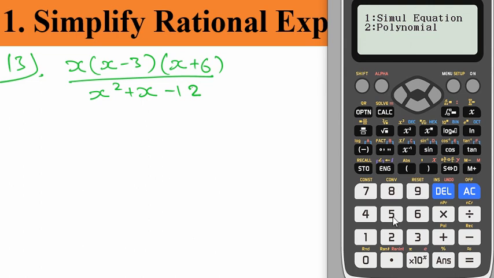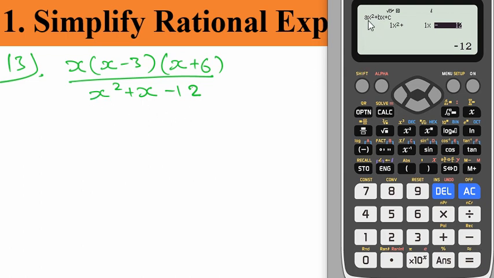Now you have to select polynomial equation, degree 2, and here a is 1, okay? Now b is also 1, and c is minus 12. Because this is your quadratic equation, ax square plus bx plus c.